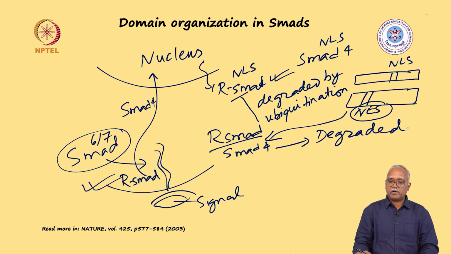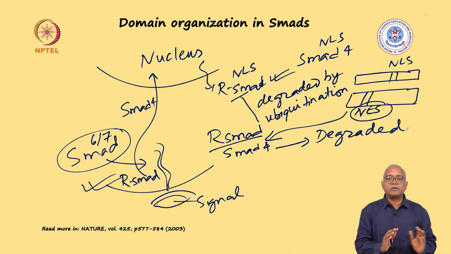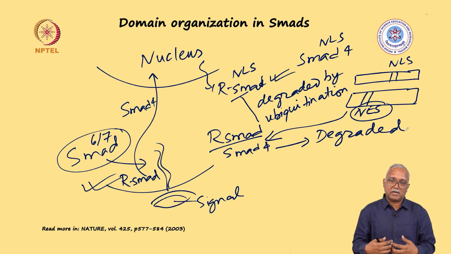So basically what you will notice is that the pathway being followed downstream of the receptor serine-threonine kinase in animals seems very different from what we saw in the plant kingdom. The kinase activity is the same, but the pathway is following a very different route. It all depends on what kind of molecules are downstream of the receptor to take the signaling forward, the signaling molecules, the messengers or the effector molecules.